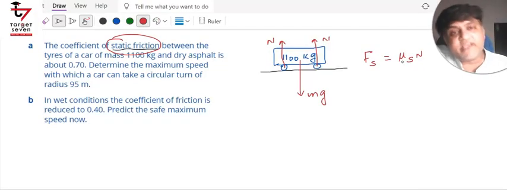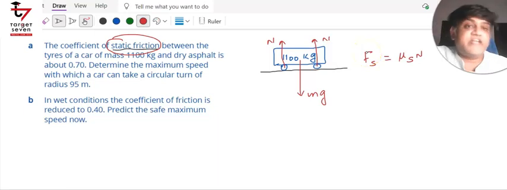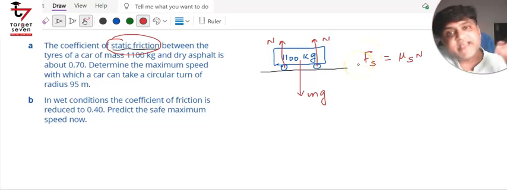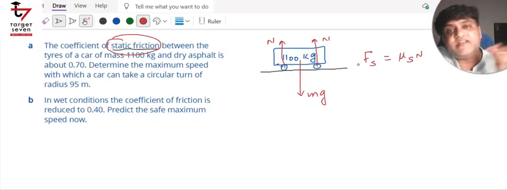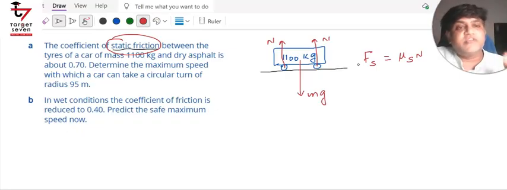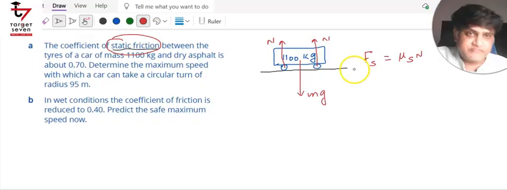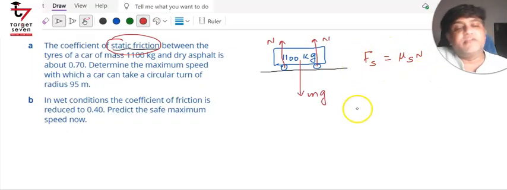Now, the reason why I am specifying that this is the maximum possible value of static friction is because as and when the applied force increases, the value of static friction also will go on increasing until its value is equal to the limiting friction. So this particular value would be equal to the limiting friction.